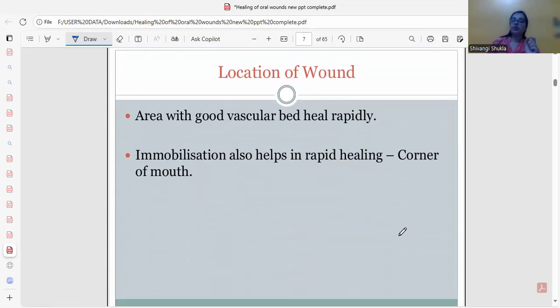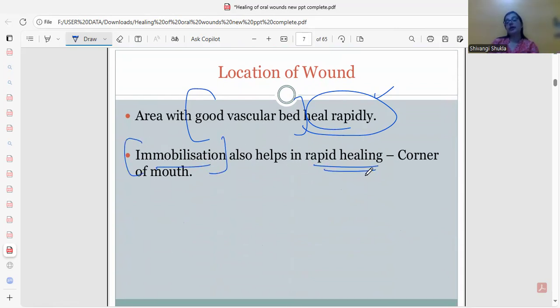So talking about the location of the wound, there are places which receive a very good vascular supply, and the wound there would heal rapidly क्योंकि blood would come rushing to the wounded area. Second thing is that immobilization also helps in rapid healing.